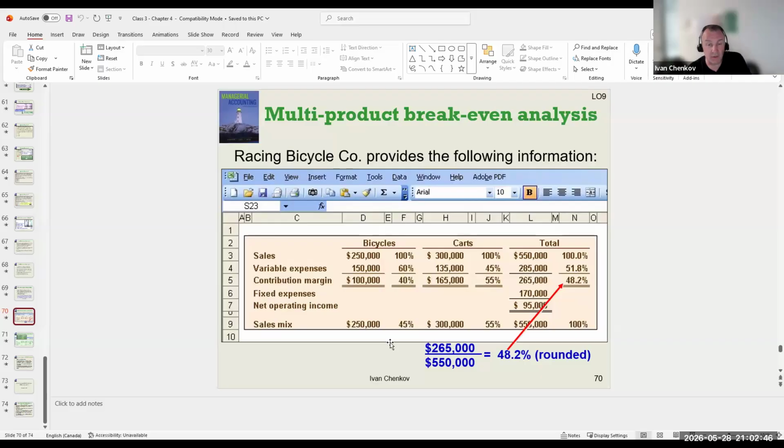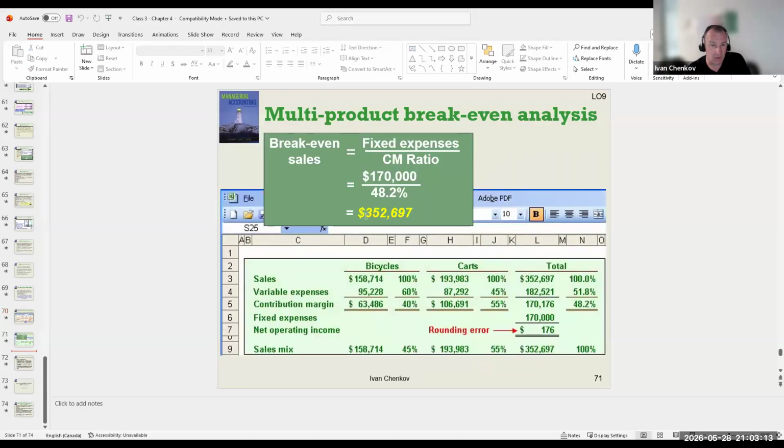We're not going to focus on the single product contribution margin; rather, we're going to combine both products and calculate the contribution margin on the total. Fixed cost is fixed cost. We're going to come up with the total sales that we need to achieve for the break-even.